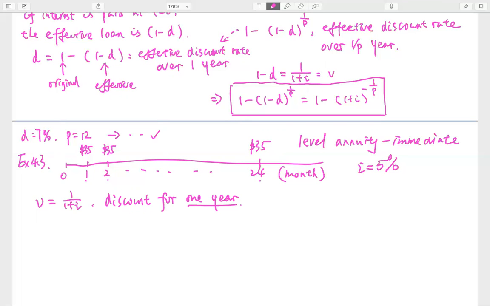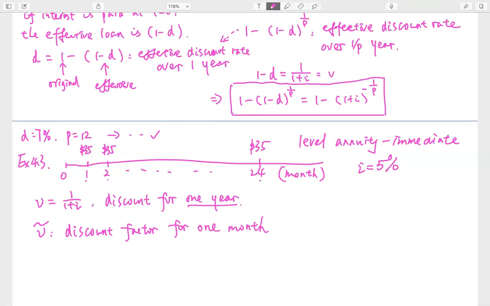So do we have any notation for that? Well, we don't have one, so let me put a tilde. Let's say this is the discount factor for 1 month.